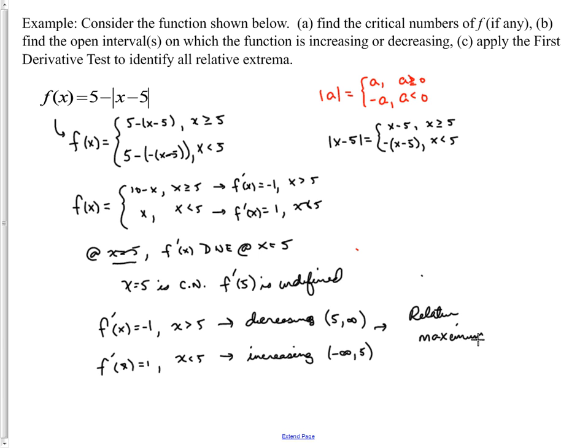And in this case, that relative maximum occurs at the point (5, 5). Substitute in 5 in the original function, 5. And that's what we would look for in our function's derivative and this first derivative test.